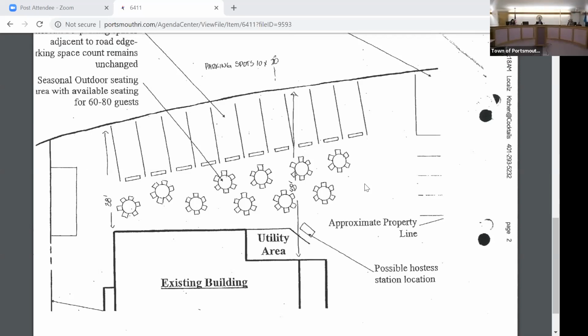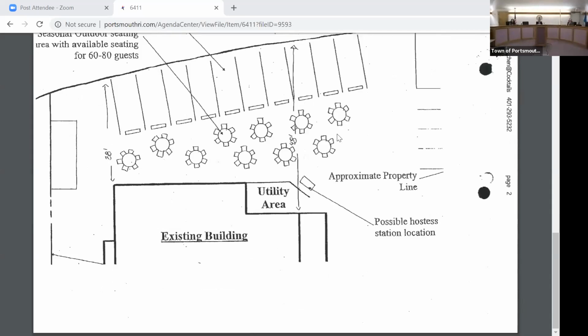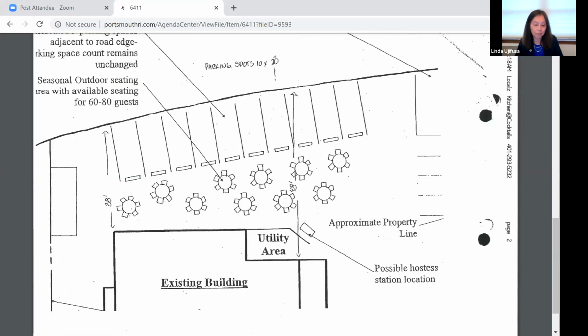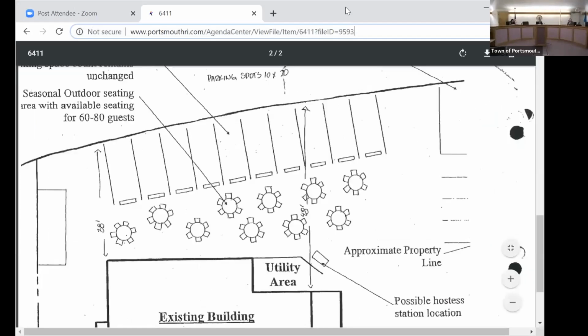Okay, thank you. Are there any other questions? Can we just have it up a little so we can see what the text is? I can't access it, so I'm looking at the same screen. I was just trying to see the picture, so that their outdoor seating would be up to 60 to 80 guests at those 1, 2, 3, 4, 5, 6, 7, 8, maybe 10 tables under normal situation.